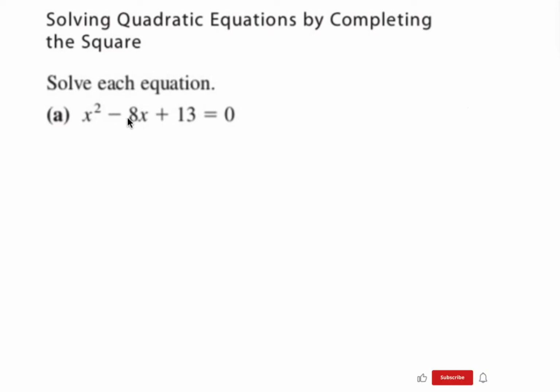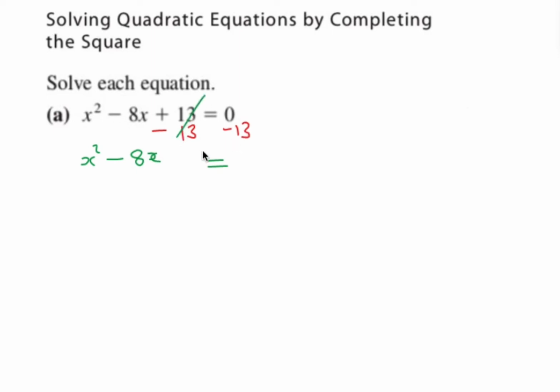Here, what is b value? This is minus 8, or we can say just 8. We want all x terms on the left hand side, and this constant term we can shift to the other side. So for this we have to subtract 13 both sides.